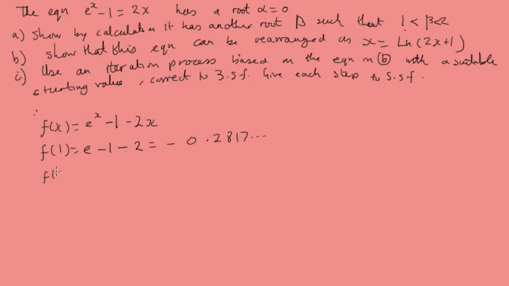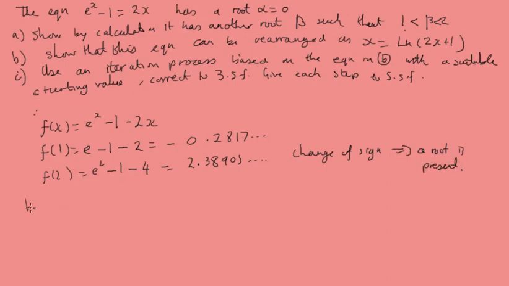Now we want f of 2, which is going to be e squared minus 1 minus 4. So working that out, we get 2.38905. So a change of sign implies a root is present.